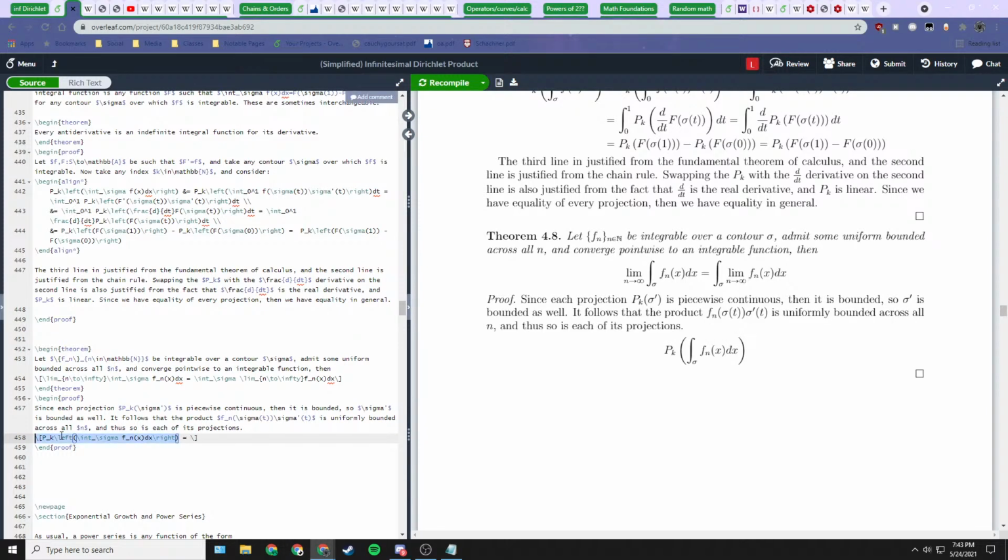So we'll just use our substitution rule. We have 0 to 1, f sub n, sigma t, sigma prime of t dt, and then we pull in this projection piece of k.